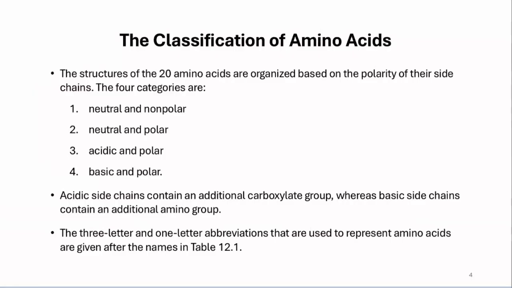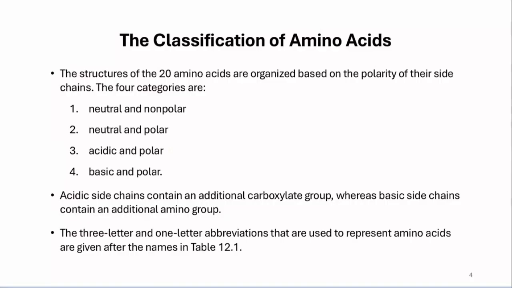Because the side chains of the amino acids have different functional groups, we can actually categorize the amino acids into four distinct groups. The categories are neutral nonpolar amino acids, neutral polar amino acids, acidic polar amino acids, and lastly, basic polar amino acids.